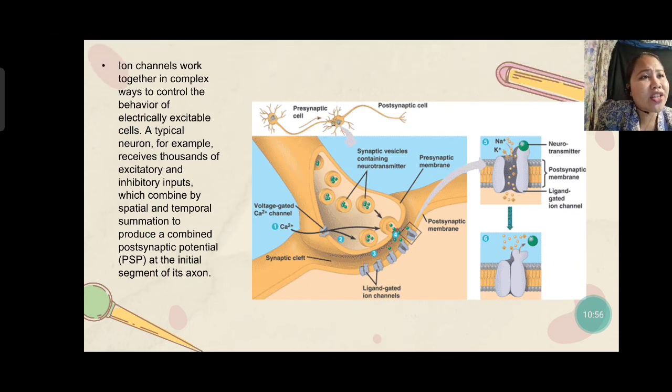So ion channels work together in complex ways to control the behavior of electrically excitable cells. A typical neuron, for example, receives thousands of excitatory and inhibitory inputs, which combine by spatial and temporal summation to produce a combined postsynaptic potential, or PSP, at the initial segment of its axon.